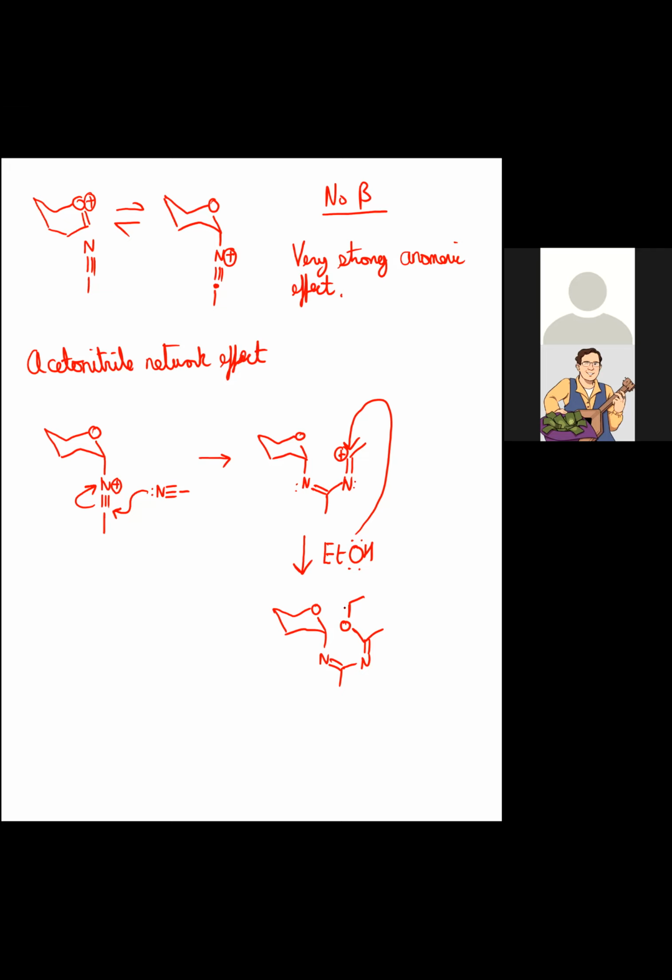We scrub away the hydrogen, and now we actually have a neutral molecule. But I've drawn this in a particular way, and you sort of see that it's set up to do really a sigmatropic rearrangement.